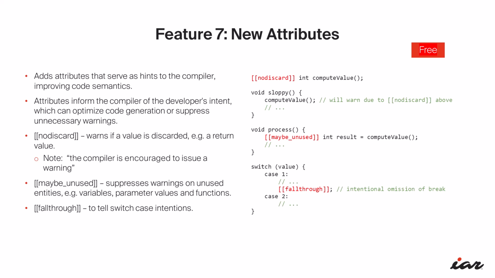In this function, we say maybe_unused for the result, this integer, meaning that we call the function compute value and we actually assign it to a result value here, but it may be unused and the compiler will not warn in this case since we have this attribute specified.